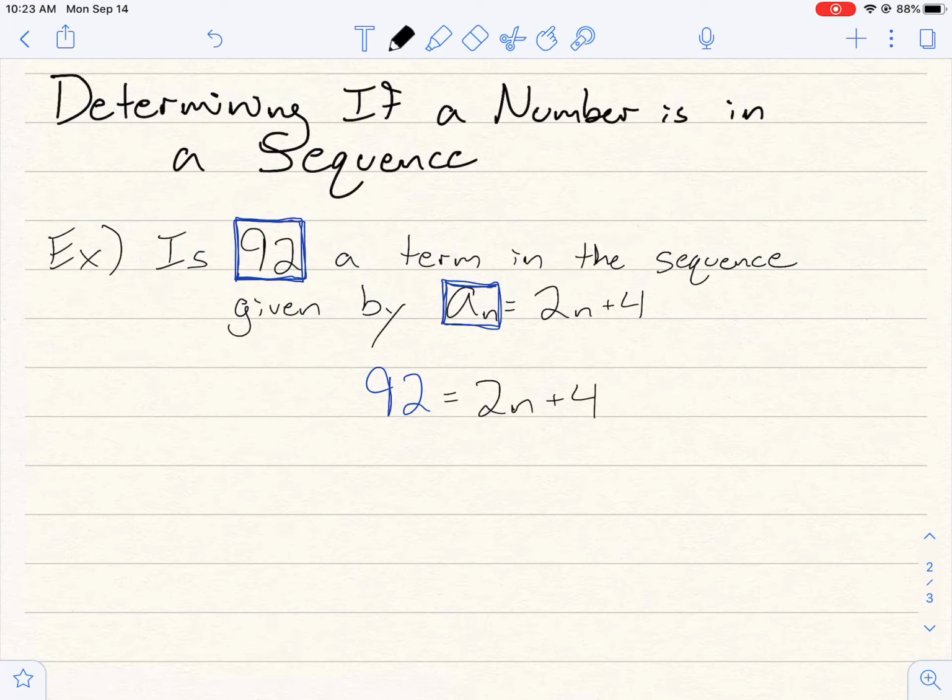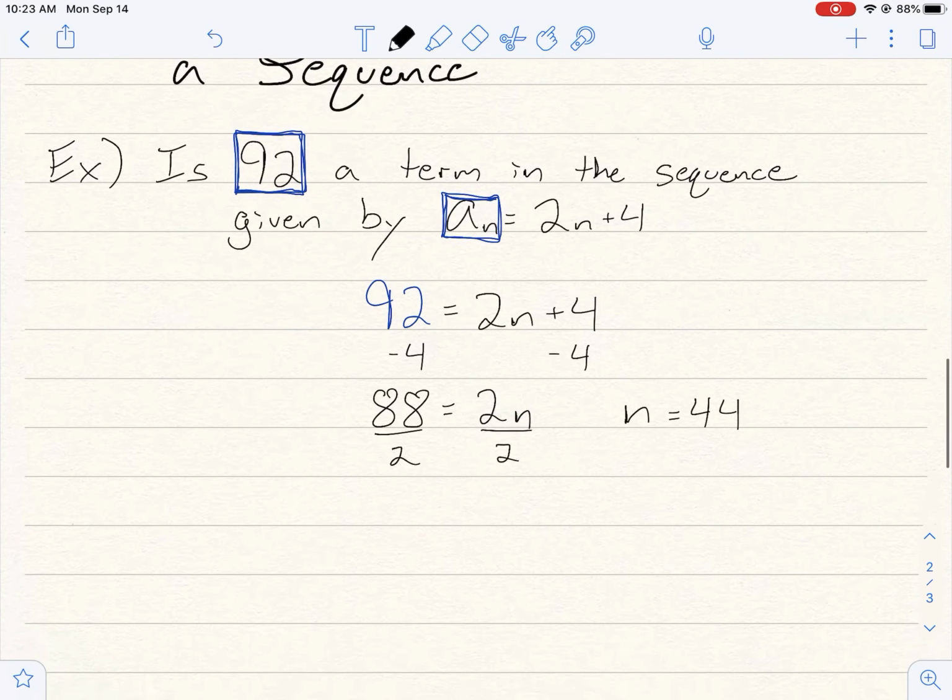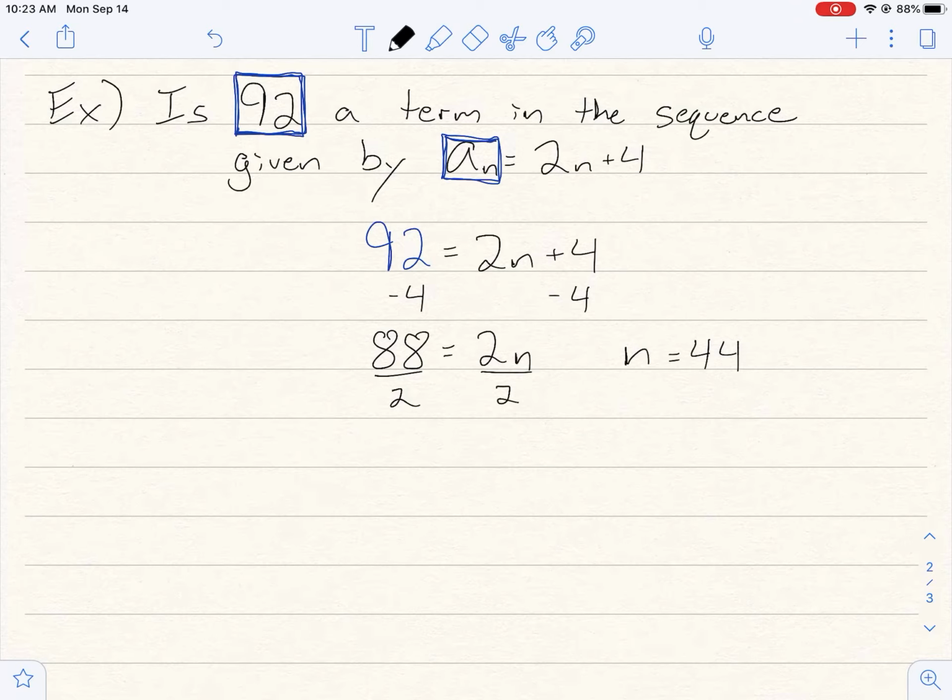So if I'm solving for n, let's subtract 4. I get 88 is equal to 2n. And then I divide by 2. And we get n is equal to 44. Now, that's important to note because this answers our question.